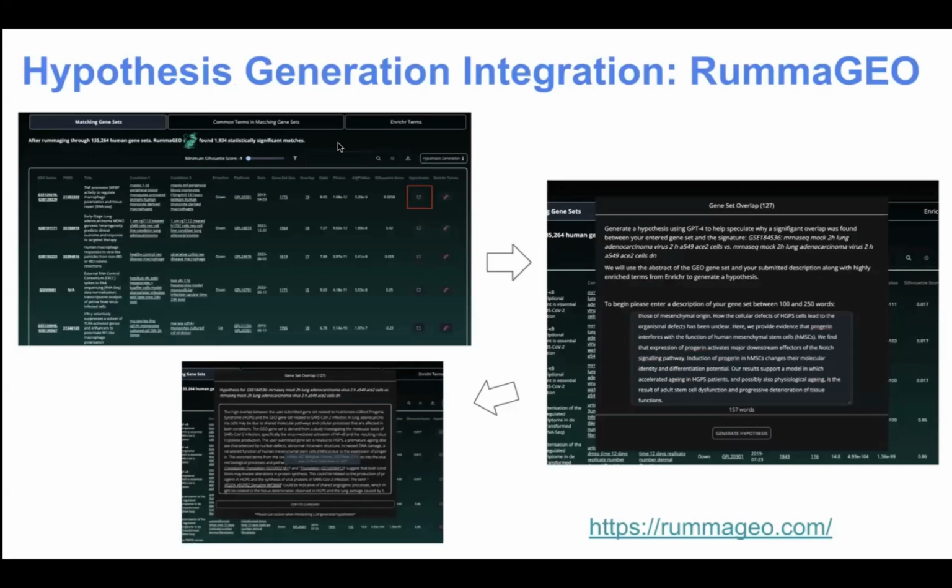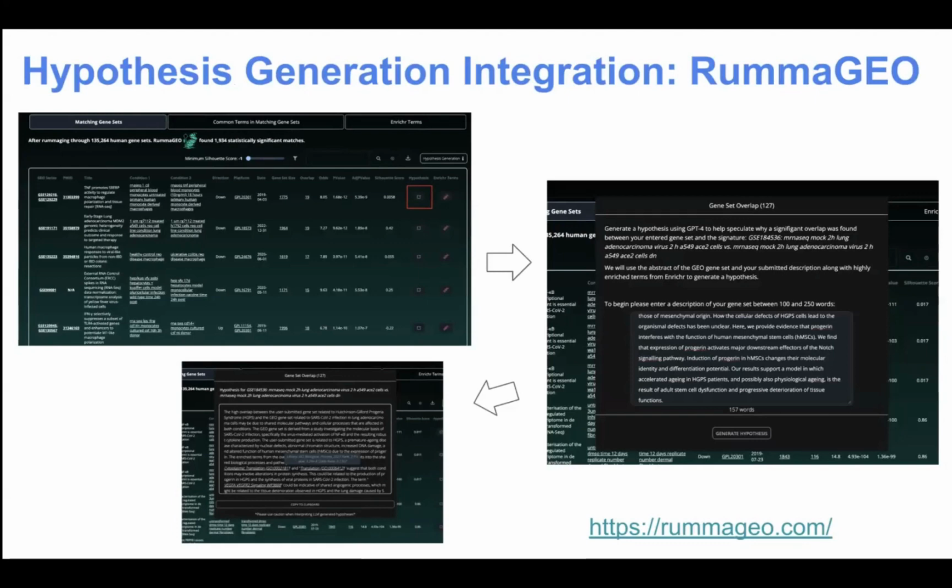Another place we've implemented this is for RummaGEO, which is a newer resource that we've developed, which has hundreds of thousands of differential gene expression signatures from GEO studies that can be searched at the data level with your gene set, as well as at the metadata level with text.